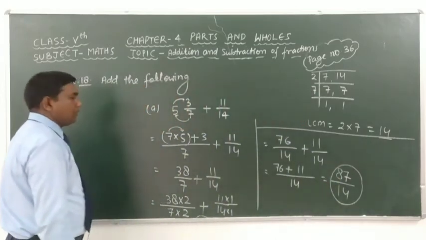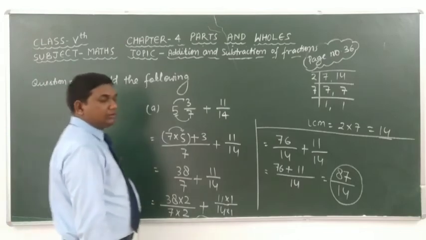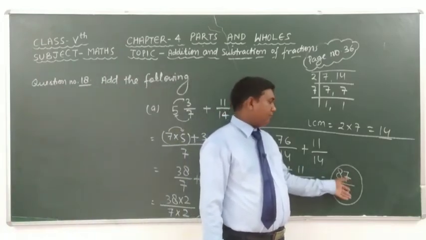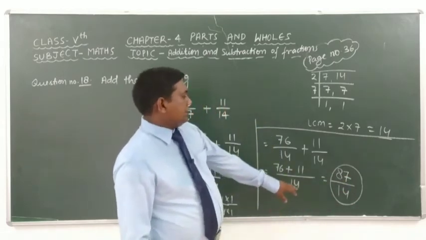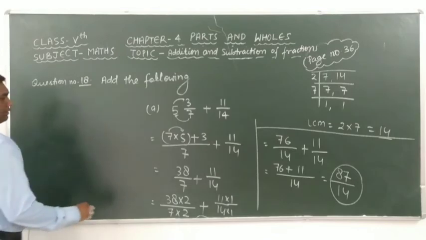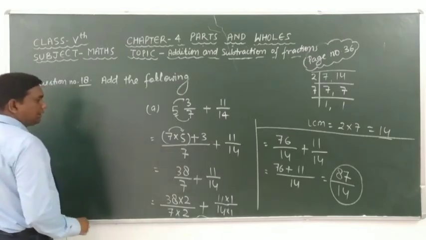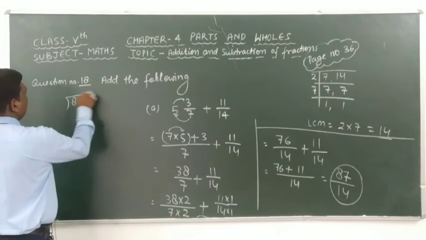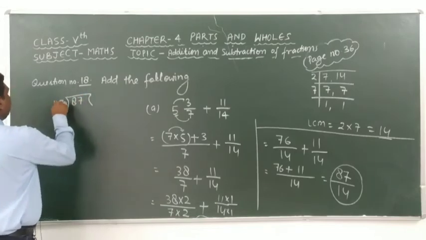Understand? We know that this is an improper fraction. Therefore, we have to change this improper fraction into a mixed fraction. After dividing 87 by 14, look here carefully.